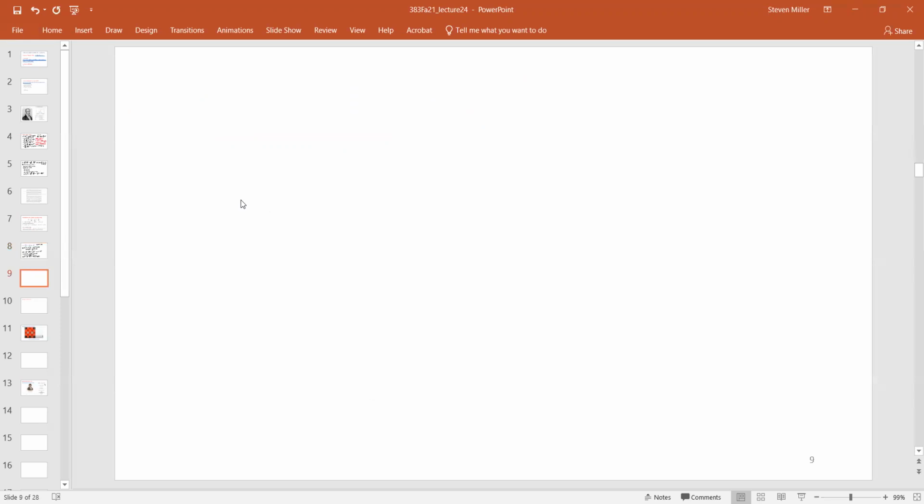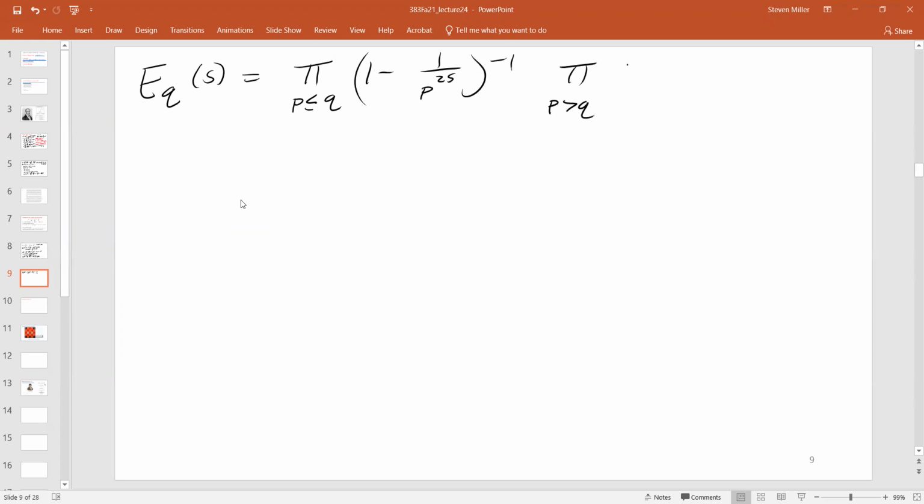No. So in general, let's call it EQ of s, the product over primes less than or equal to Q of 1 minus 1 over p to the 2s inverse, and then the product over the primes greater than Q of 1 minus 1 over p to the s inverse. And what do we know about the zeros of this function relative to the zeros of the Riemann zeta function?